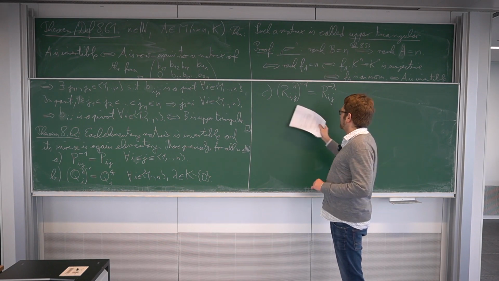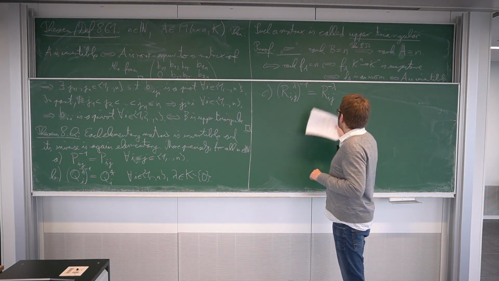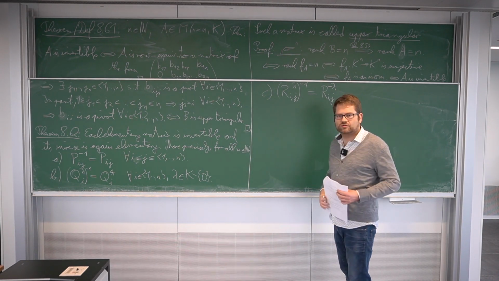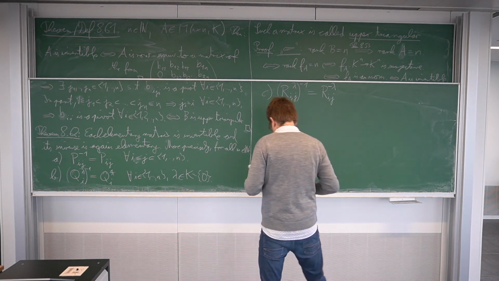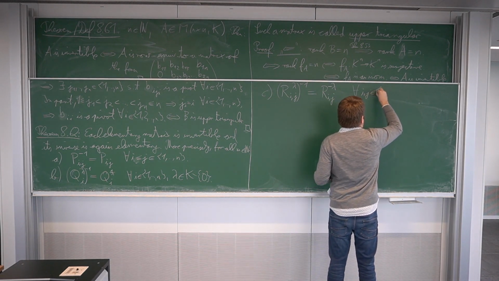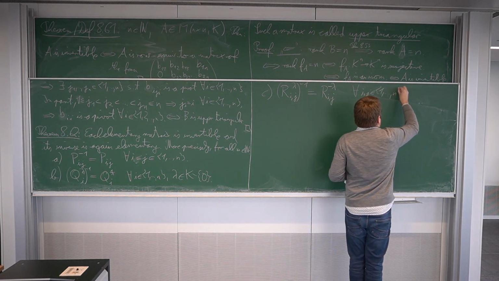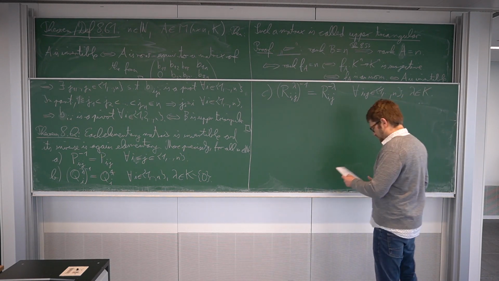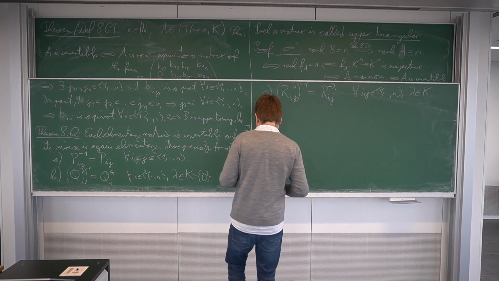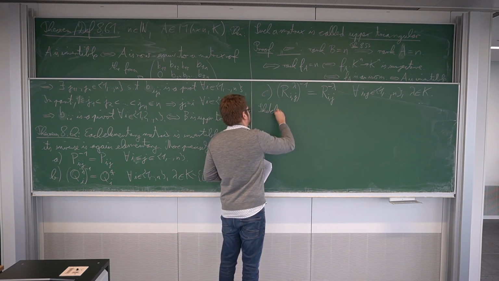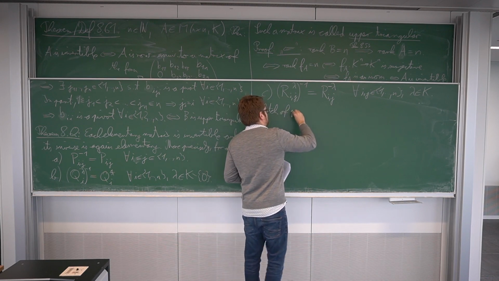Because the one adds a lambda in the one component, this adds a minus lambda, and obviously lambda minus lambda is 0, so the damage is undone. This is for all i, j between 1 and n, and lambda in k. And as I said, I will not do a formal proof of this statement. A little sketch of proof or a method is in the lecture notes.